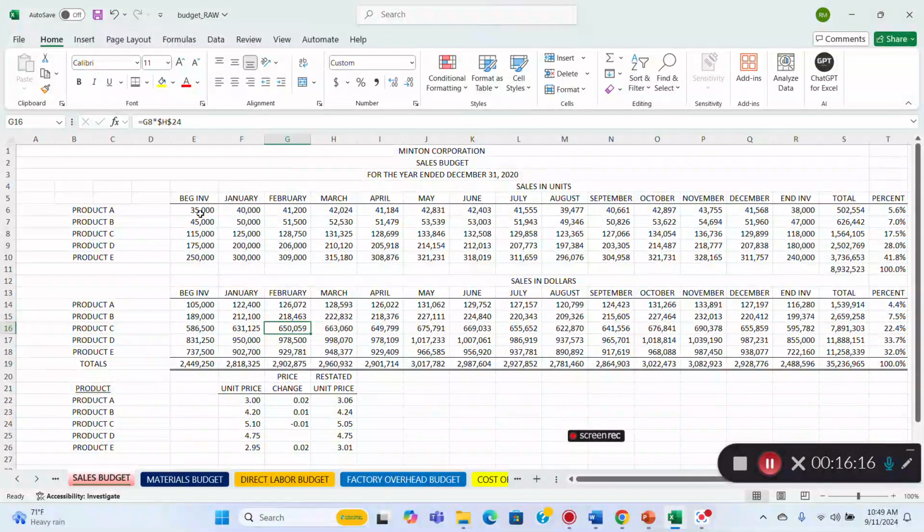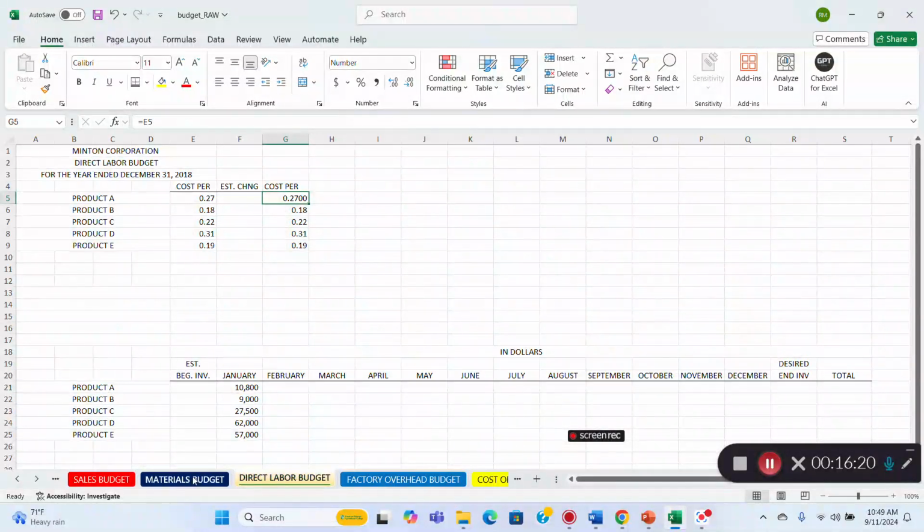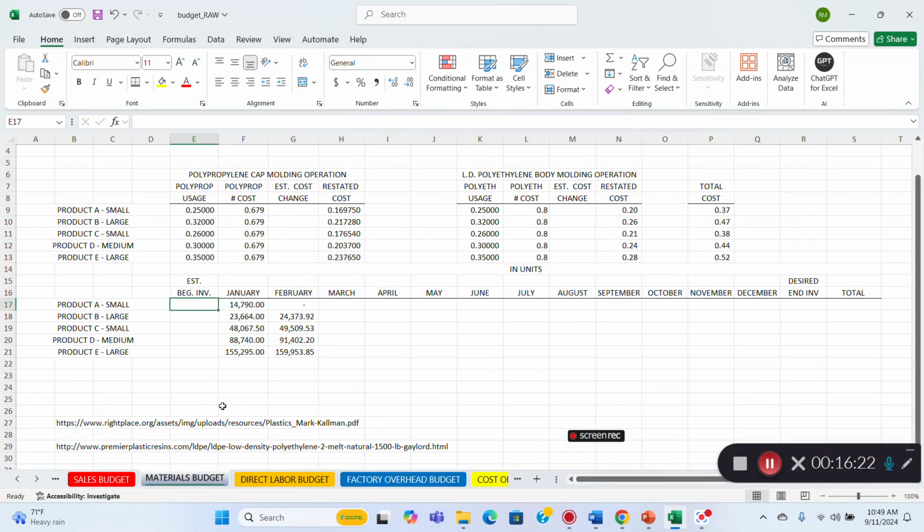That's the number that we're going to look at. Okay. So if I go back over to my direct materials budget, I'm going to look at what my actual estimated beginning inventory is, and I'm going to multiply that times this total cost over here for the material.